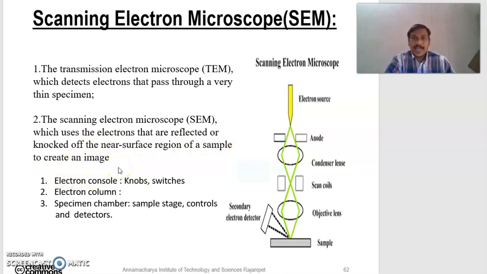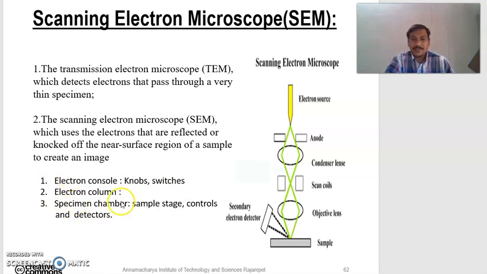Next, in the scanning electron microscope, there are mainly three parts. First one is the electron console. It has knobs and switches that are used for adjustment of filament current, accelerating voltage, focus, magnification, brightness, and contrast. Next, the electron column.